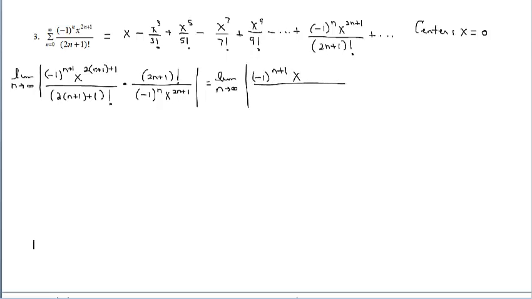So this is going to be x raised to the 2n plus 2 plus 1 more. So x raised to the 2n plus 3. And then down here, if we distributed the 2, we're going to get 2n plus 2 plus 1 more. So this becomes the factorial 2n plus 3. Makes sense. It matches this exponent.